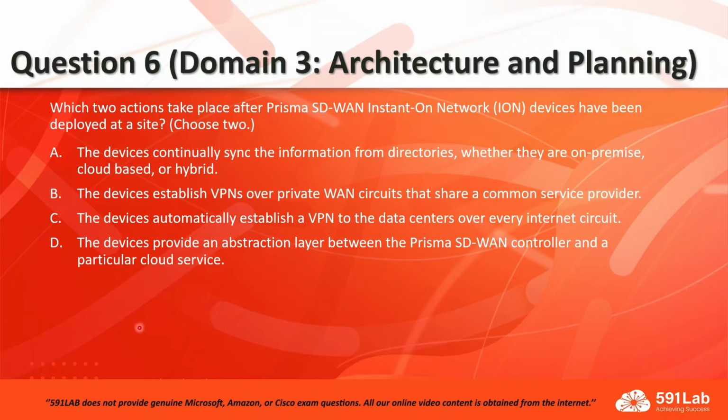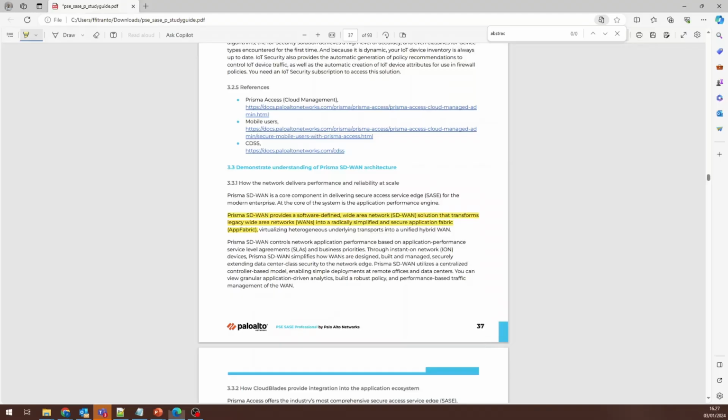So we need to check the study guide. We can check here. We have the point of the architecture of the Prisma SD-WAN, and the Prisma SD-WAN architecture says that the Prisma SD-WAN provides a software-defined wide area network or SD-WAN solution that transforms legacy wide area networks into a radically simplified and secure application fabric.